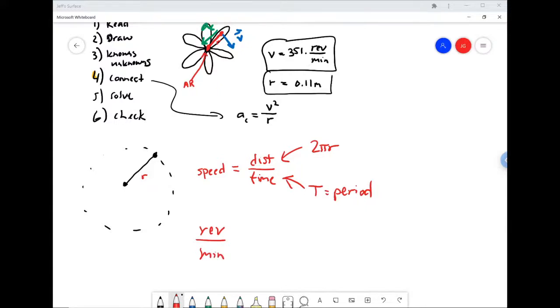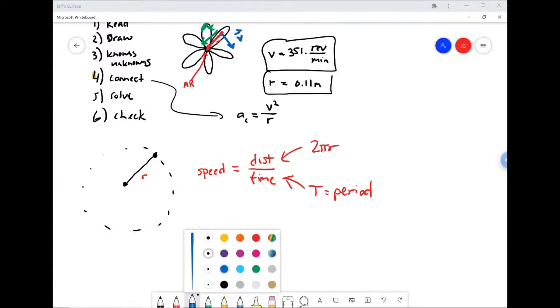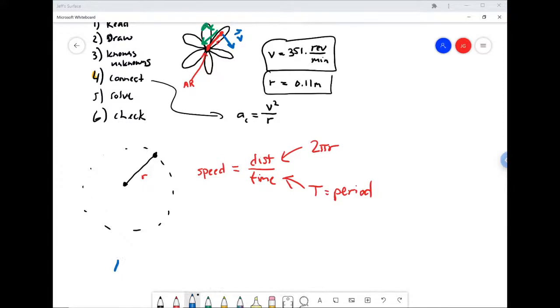Let's think about if you have revolutions per minute. Let's use a different color. So if I have 351 revolutions in 1 minute, and I want to convert to meters per second, what I can do is first multiply by 1 minute is 60 seconds. And I'll get rid of the minutes and introduce seconds.